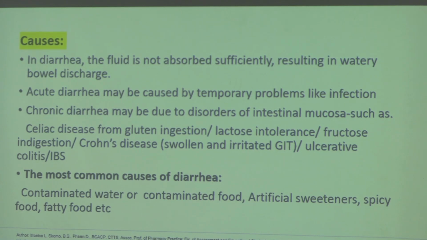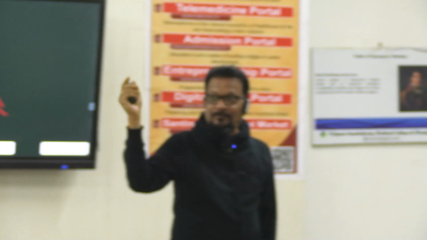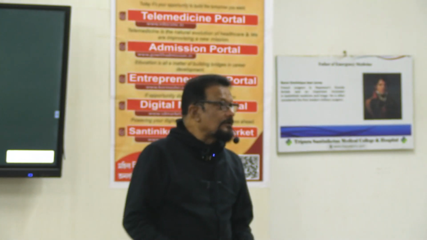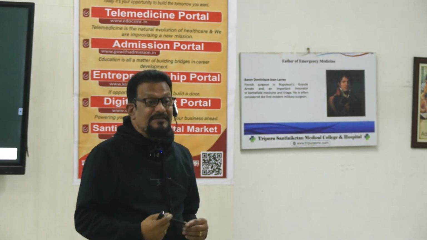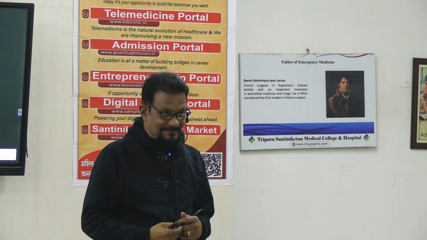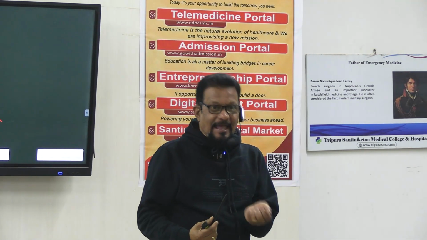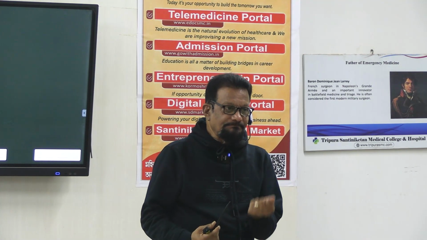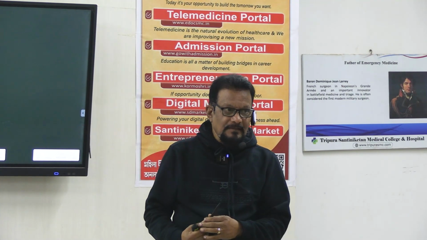Lactose intolerance. Are there any one of you having lactose intolerance? No, good. They cannot digest lactose because of absence of the enzyme lactase. So these are not digested, and that will create diarrhea.